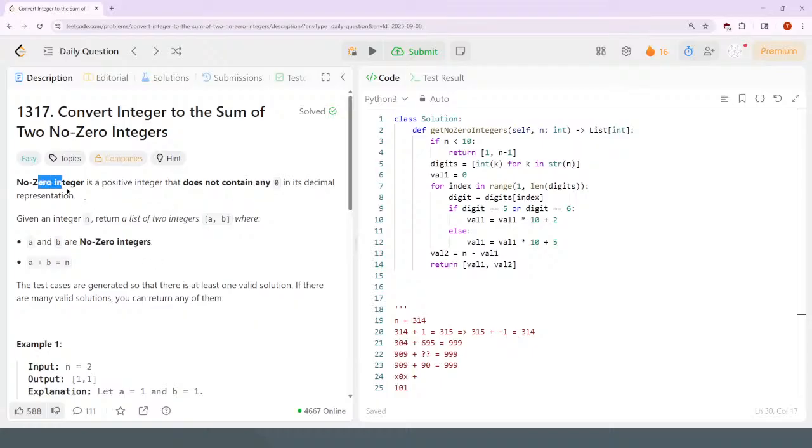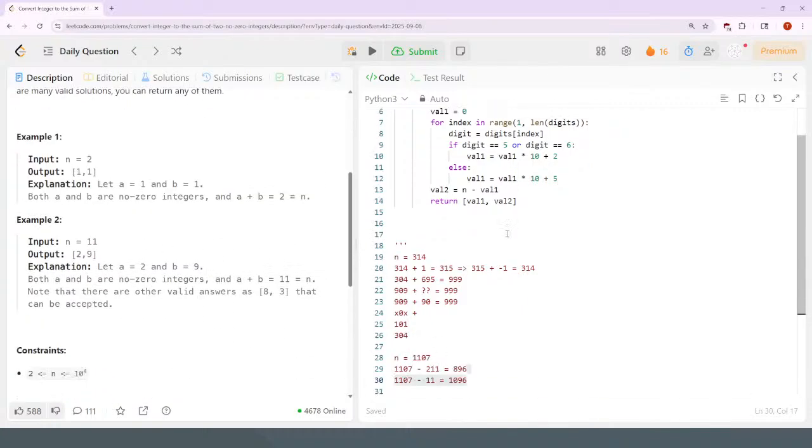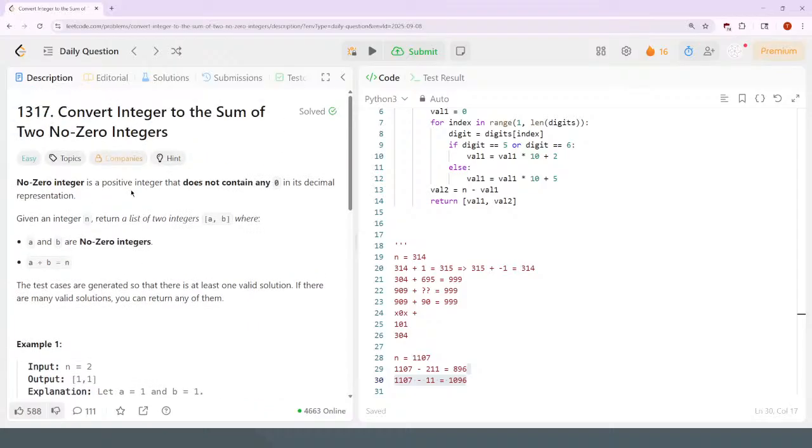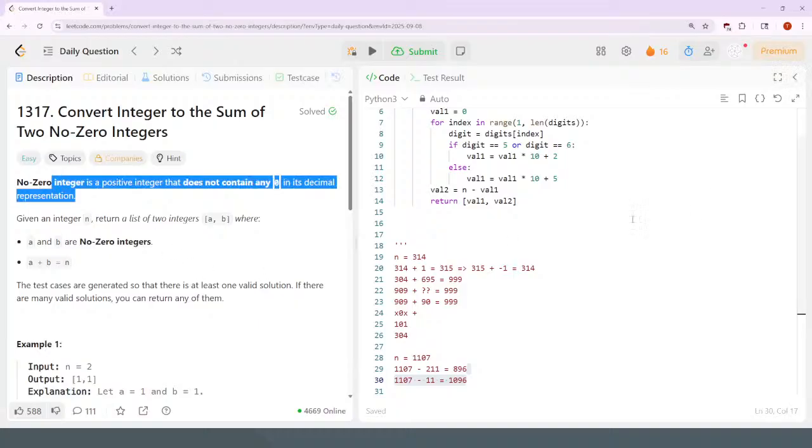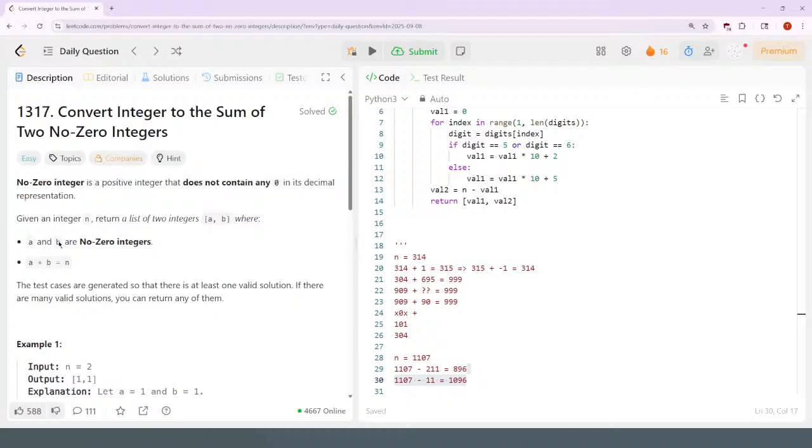for this problem where you're trying to find two positive numbers that add up to a given n value, but don't include 0 within their digits. It was a lot trickier than a lot of the other easy and even medium problems, I think, to get a direct way of getting those two values.